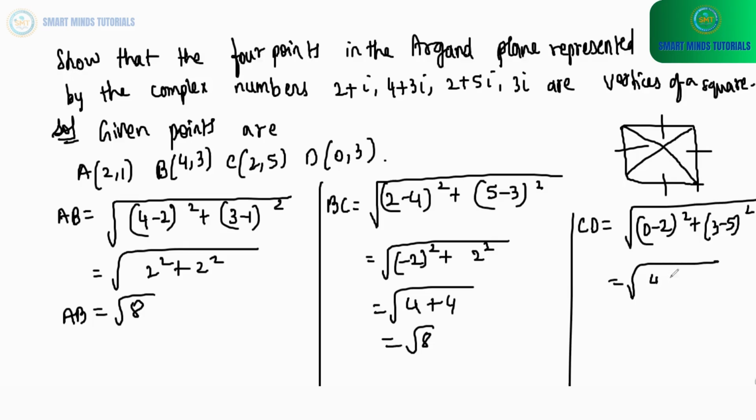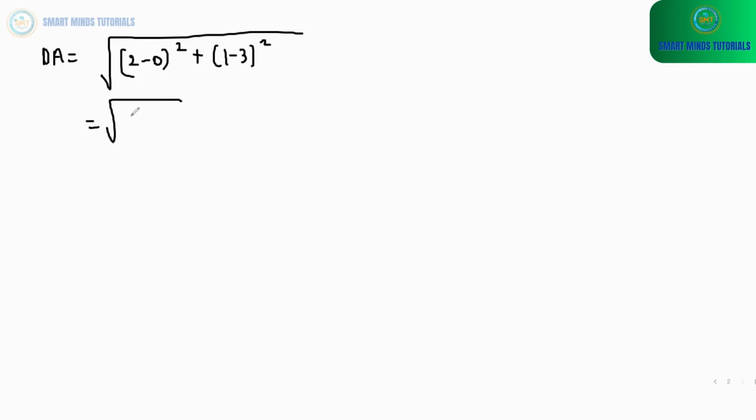So that is root 4 plus 4. This is also root 8. Now after CD we will find out DA. So DA is root over (2 minus 0) whole square plus (1 minus 3) whole square. So that is root 4 plus 4, which is equal to root 8.